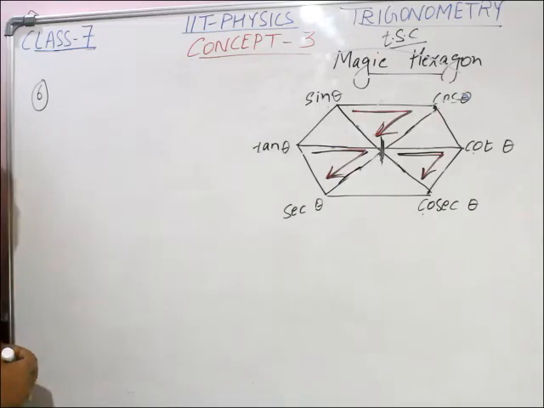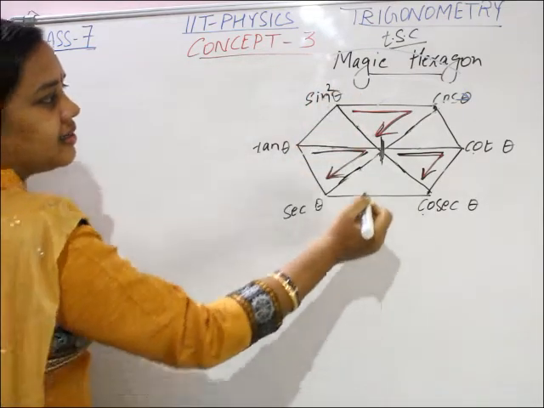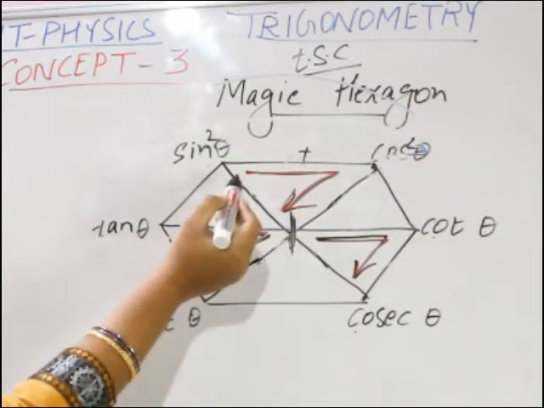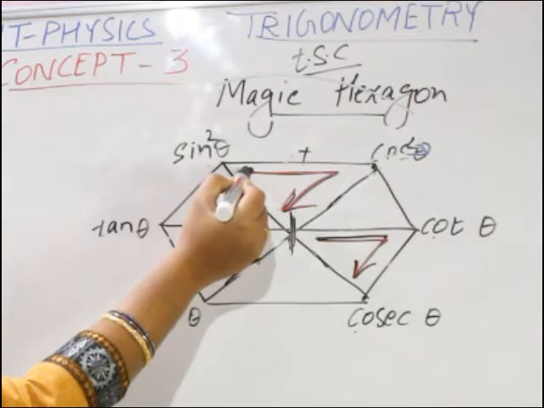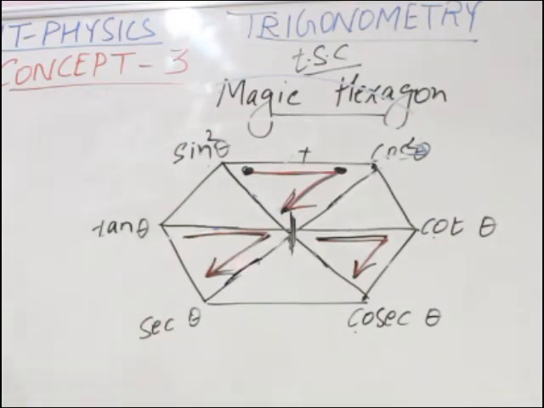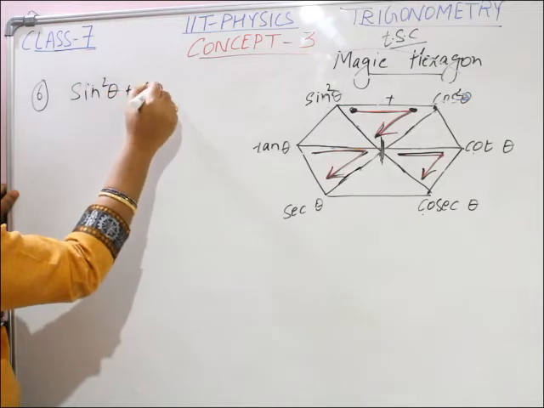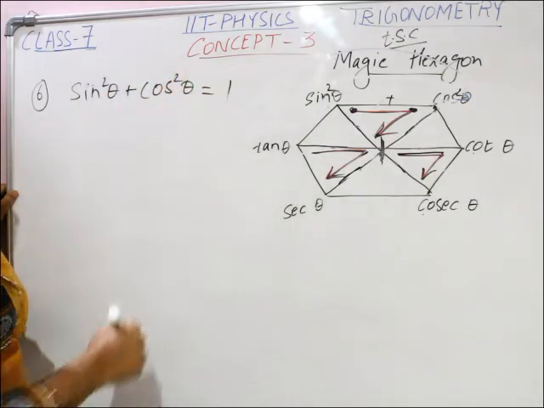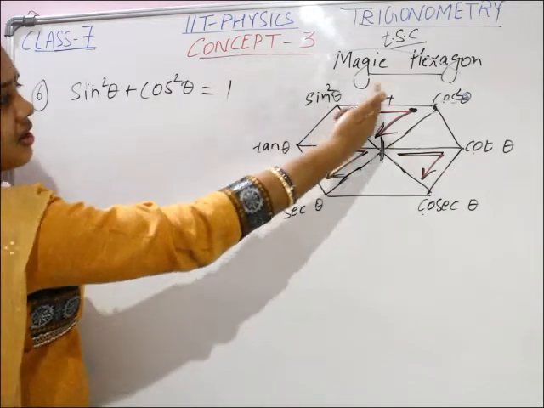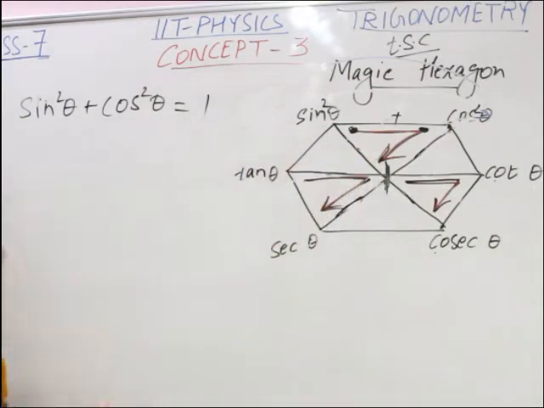Now how will these bent arrows give you the next 3 identities? See, the 6th identity is sin square theta plus cos square theta equal to 1. See the arrows. Sin square theta plus cos square theta is equal to 1. 1 is at the center.